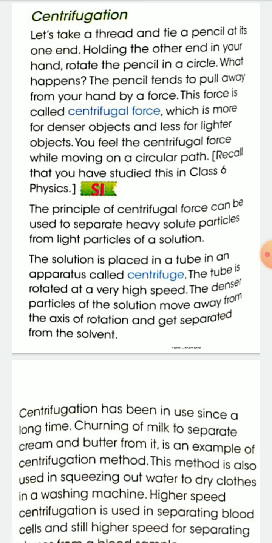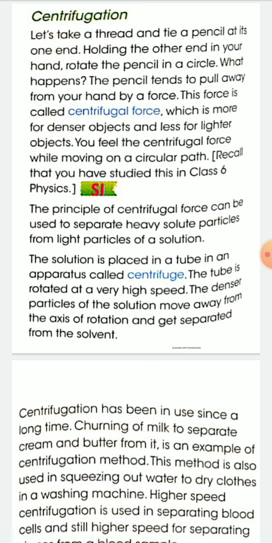Example of centrifugation: churning of milk to separate cream and butter. Churning of milk to separate cream and butter from it is an example of centrifugation. This method is also used in squeezing out water to dry clothes in a washing machine.